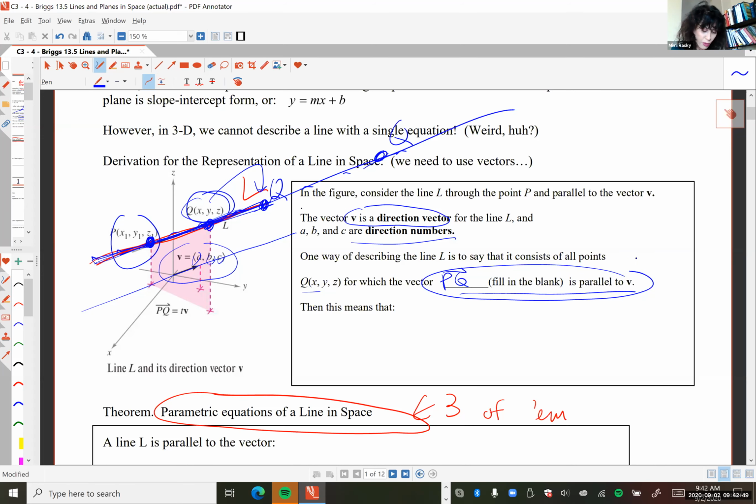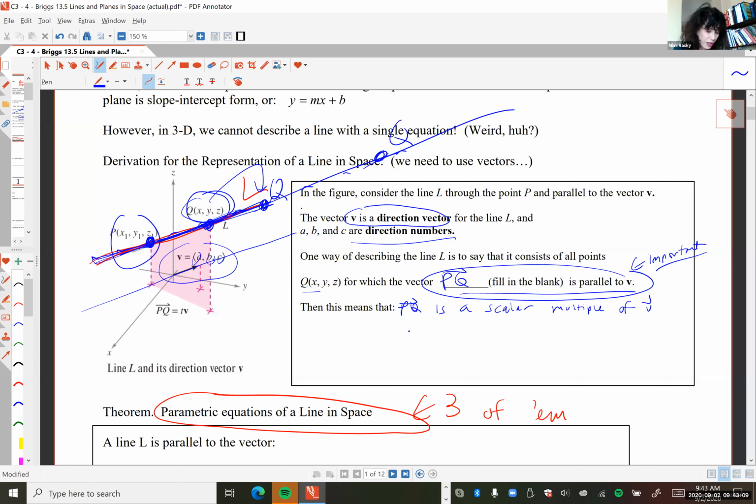And this is the important statement. What do you guys know about parallel? Hopefully you remember that it means PQ is a scalar multiple of V. That's what we learned last week.